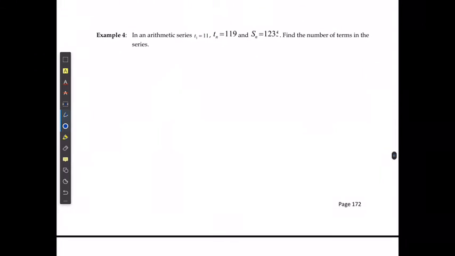In an arithmetic series, the first term is 11. The value of the last term is 119, and the sum of the first to last term is 1,235. Find the number of terms. Well, that's easy enough. 1235 is the sum, so it's equal to n divided by 2 times the first term plus the last term.